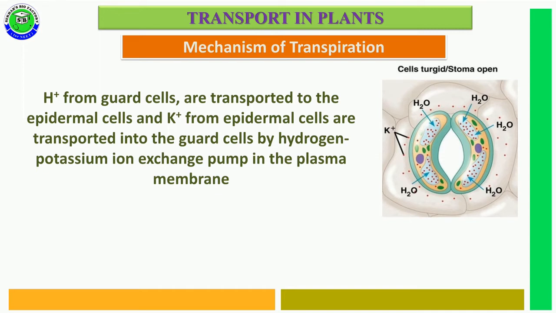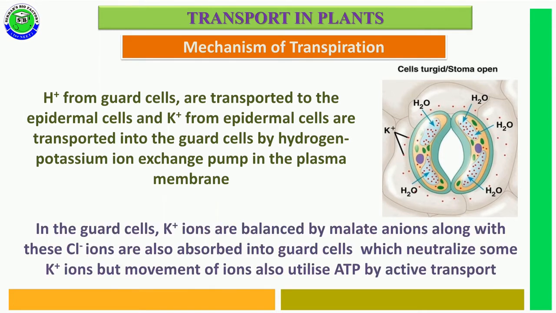At this time, in exchange, potassium ions are transported from epidermal cells or subsidiary cells to guard cells, and it is carried out by special pump proteins present in their plasma membrane called hydrogen potassium ion pump proteins. In the guard cells, K plus ions are balanced by malate anions.